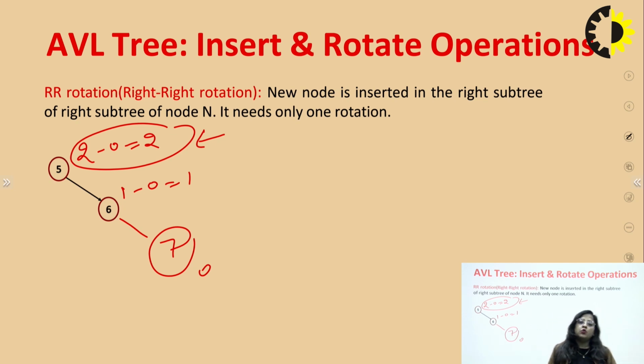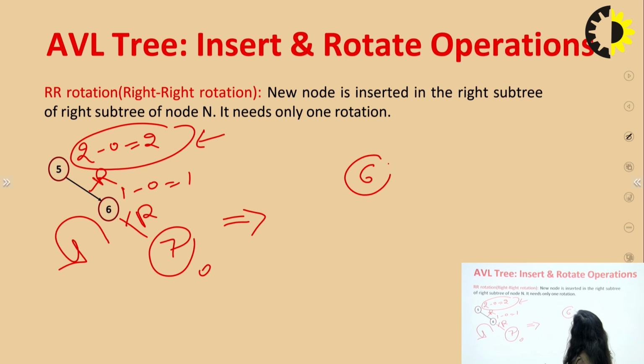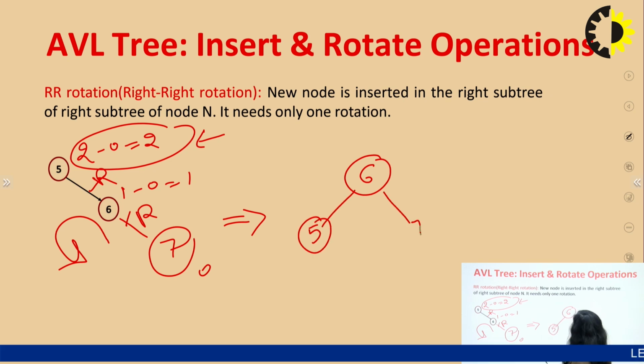So now we need some kind of rotation. According to this scenario we need a right rotation, because the node was inserted in the right direction. If your rotation is right or left, then you need only one rotation. So the rotation is anti-clockwise. After rotation, your tree will look like this.